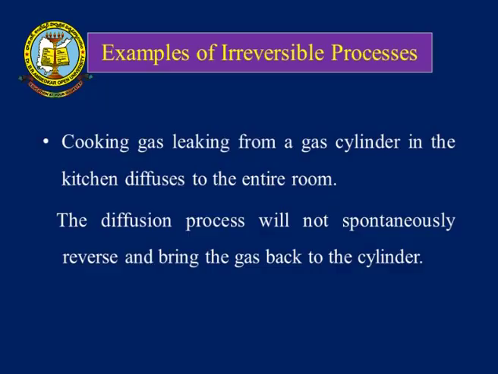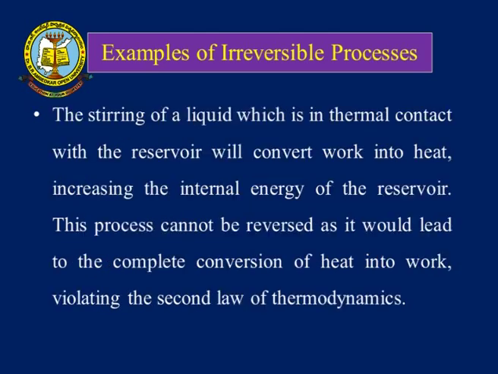Examples of irreversible processes: leakage from a gas cylinder in the kitchen diffuses to the entire room. The diffusion process will not spontaneously reverse and bring the gas back to the cylinder. One more example is the stirring of a liquid which is in thermal contact with a reservoir, which converts work into heat.